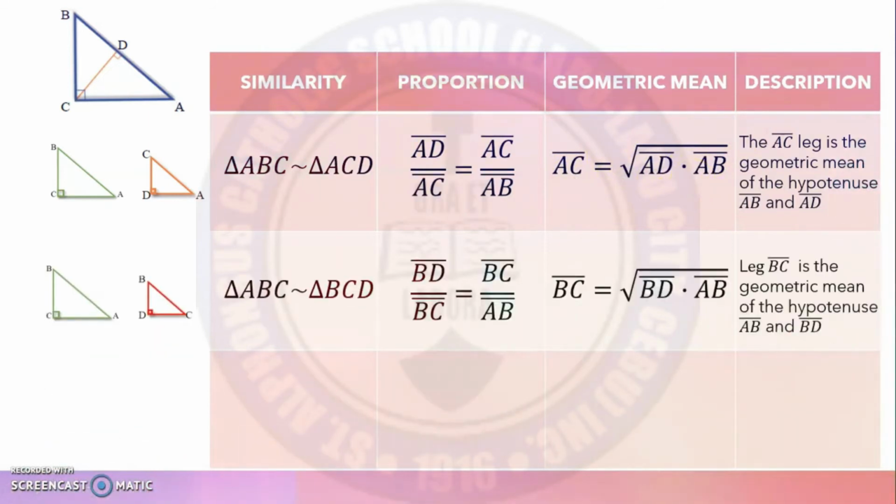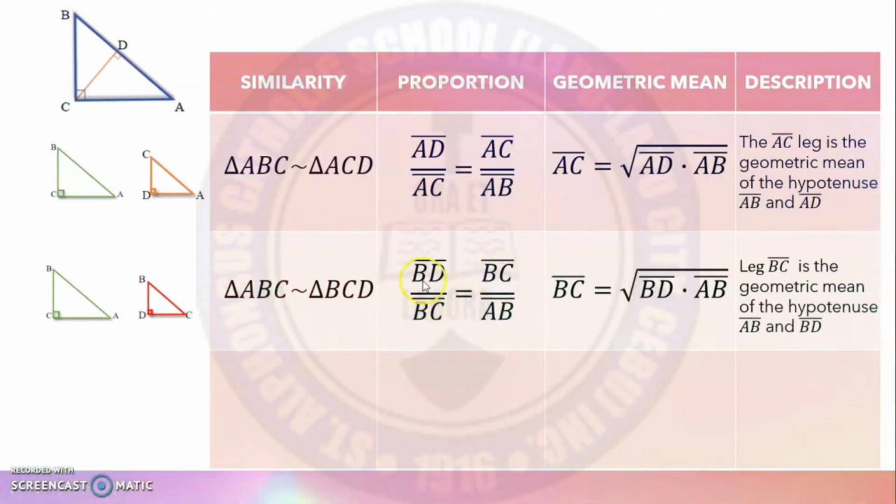Next one. How about the other leg, which is BC? So this is triangle ABC and triangle BCD. So the other leg is BC, so you will write them opposite to each other in a proportion like this. BC here and BC on the other side.